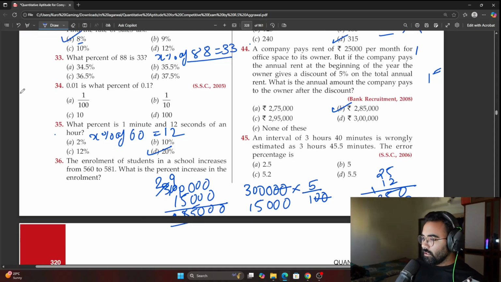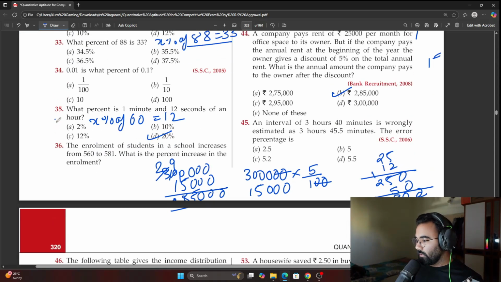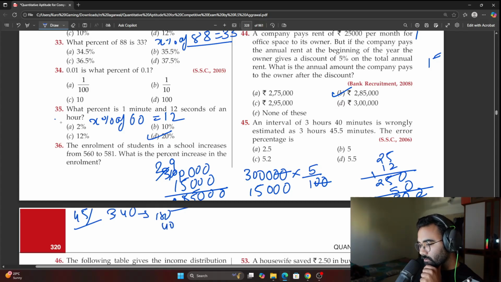All right, let's move on to question number 45. An interval of 3 hours 40 minutes is wrongly estimated as 3 hours 45.5 minutes. The error percentage is... Okay. We use the same formula, that is part upon whole. So what is the 3 hours 40 minutes? That is how many minutes? I think 3 hours is 180 plus 40.